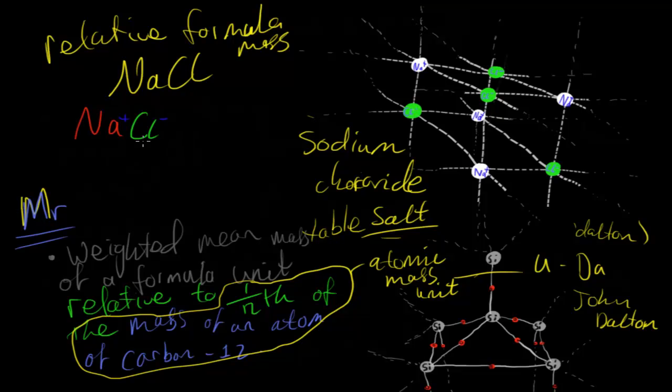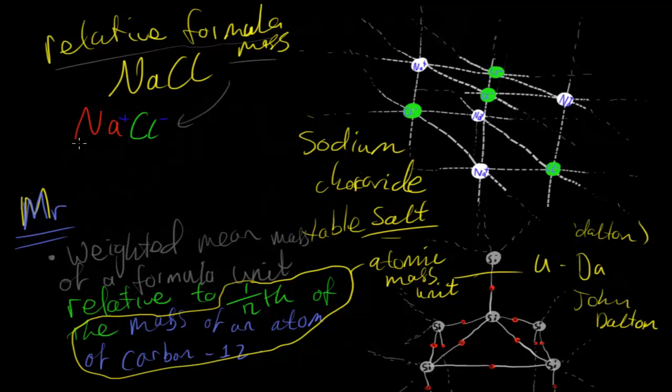If we were asked to find the relative formula mass of NaCl, the way we would find it is by adding up the relative atomic masses of these two ions. They'll be ions since it's ionic.